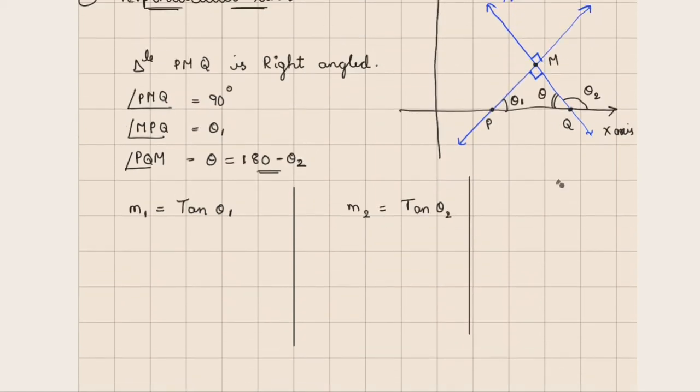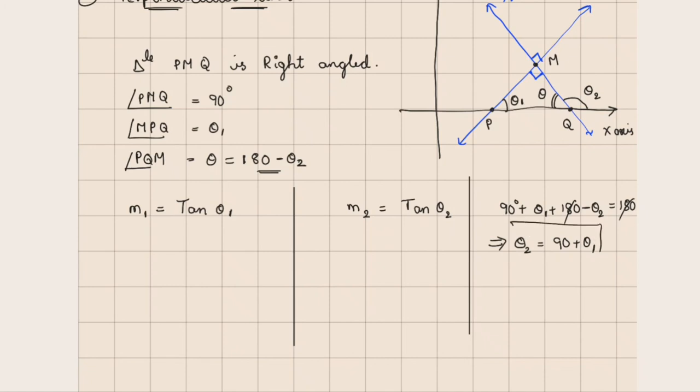One angle is 90, another angle is theta 1, and the other angle is 180 minus theta 2. It should give 180. So this 180 cancels, and now you get theta 2 equal to 90 plus theta 1.